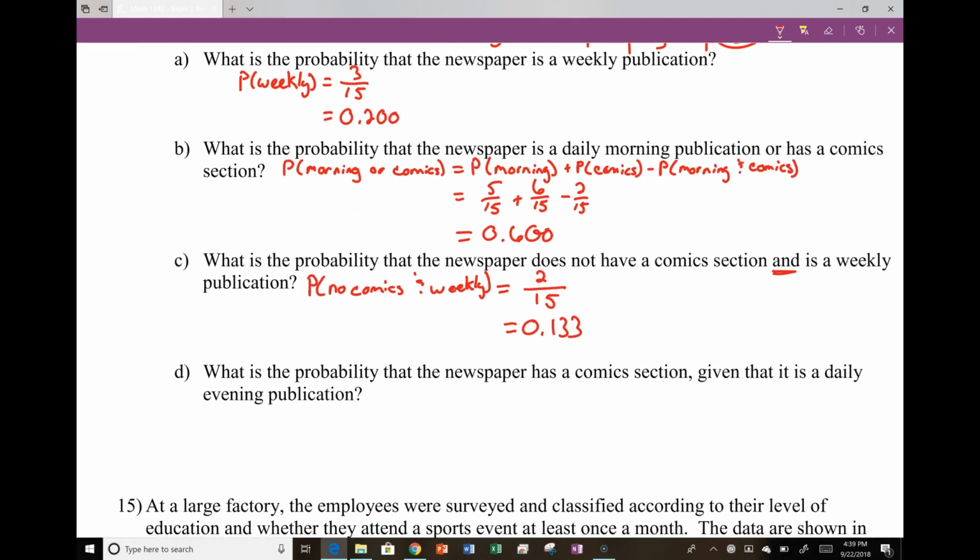What is the probability that the newspaper has a comic section? So we're looking at comics, given that it is a daily evening publication. So given that it is an evening publication. That's going to be the probability of comics and evening divided by the probability of evening, that given portion.